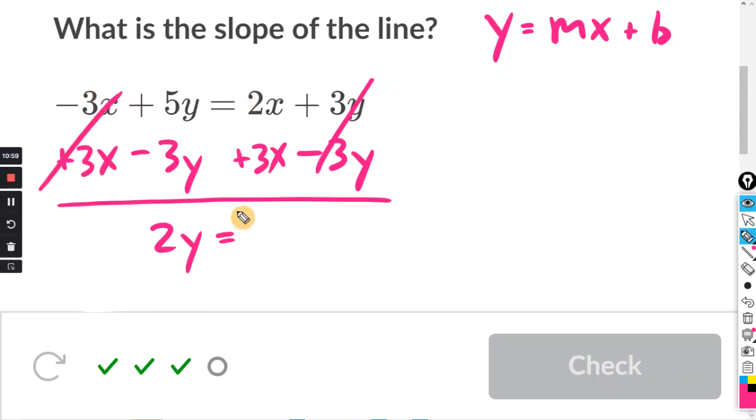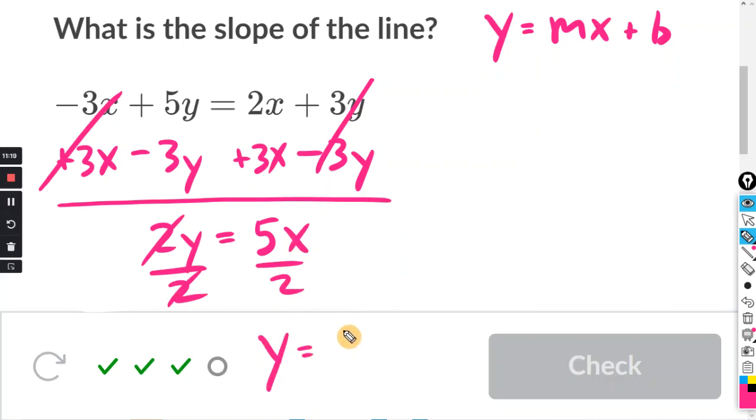We brought down the equals, and 2x plus 3x is 5x. Finally, solving for y, we have y times 2. The opposite of times 2 is divided by 2. And the 2's right here cancel. And y equals 5x over 2, which is the same as 5 halves x.